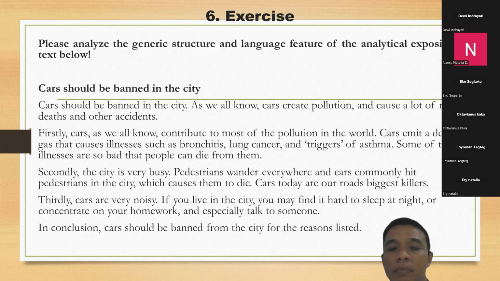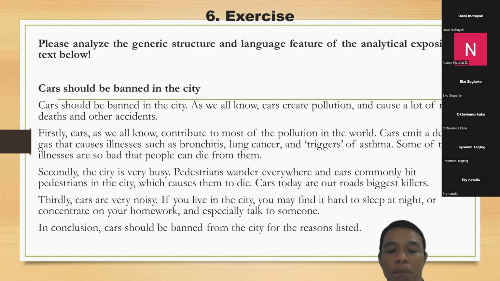I believe that will be, secondly, the city is very busy, and also that mentioned the factors why cars should be banned from the city, for the reason listed above. Secondly, the city is very busy, and then the third, cars are very noisy. I believe that is considered under the argument, Pak. Okay, absolutely correct. And then which one is reiteration?